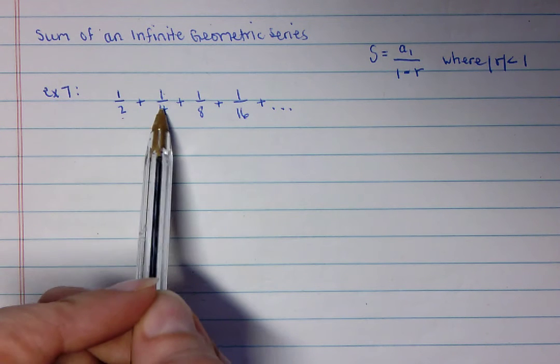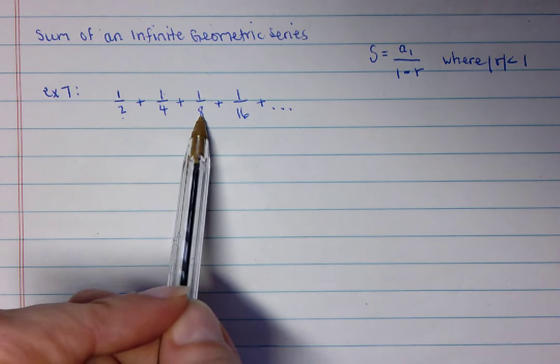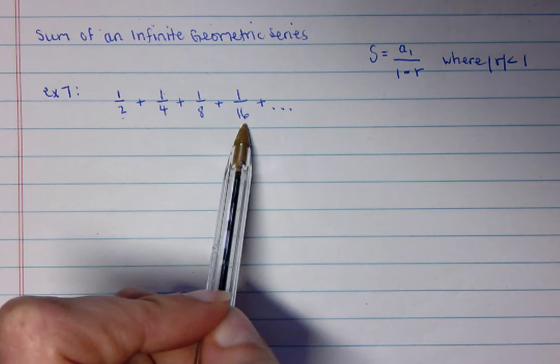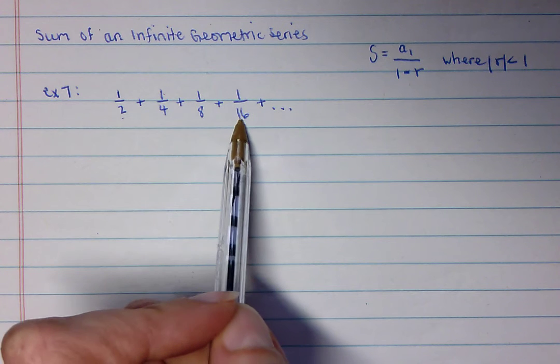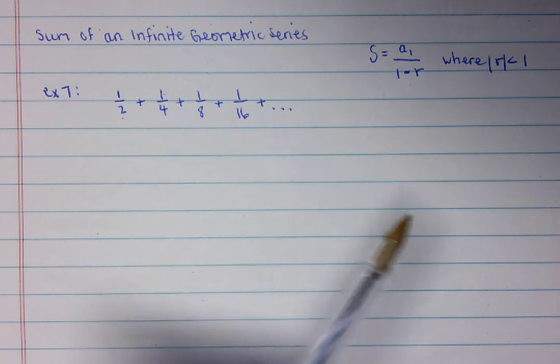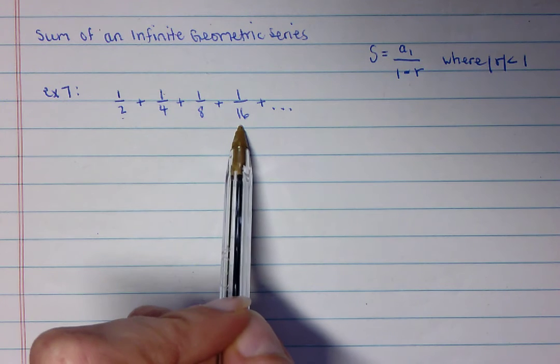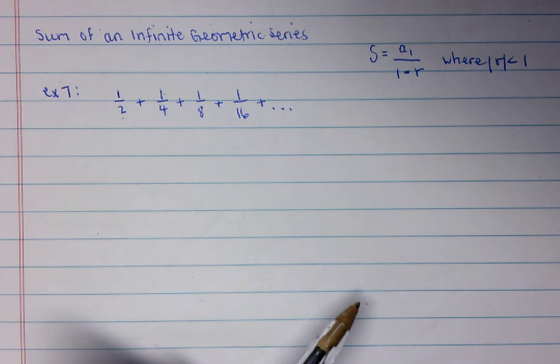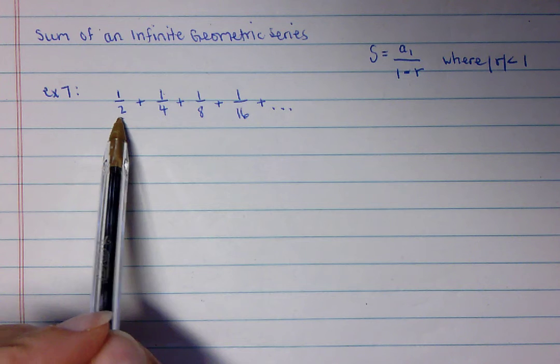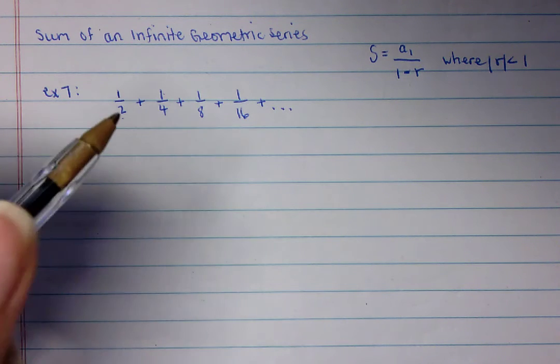Multiply that by 1/2, you get 1/8, and again, you get 1/16. This is getting smaller and smaller, slowly approaching 0. So again, this is a decreasing geometric series, and r equals 1/2.